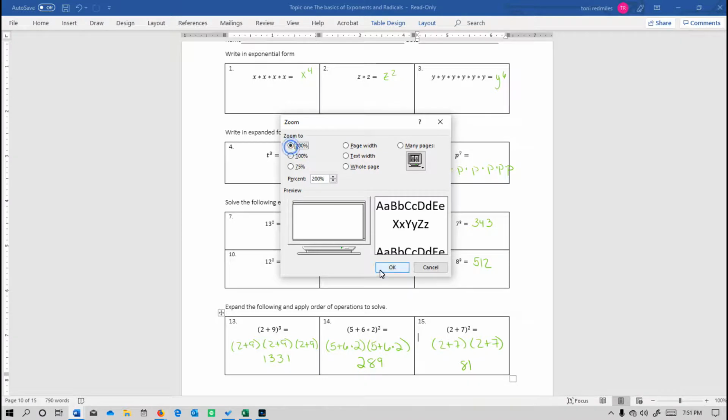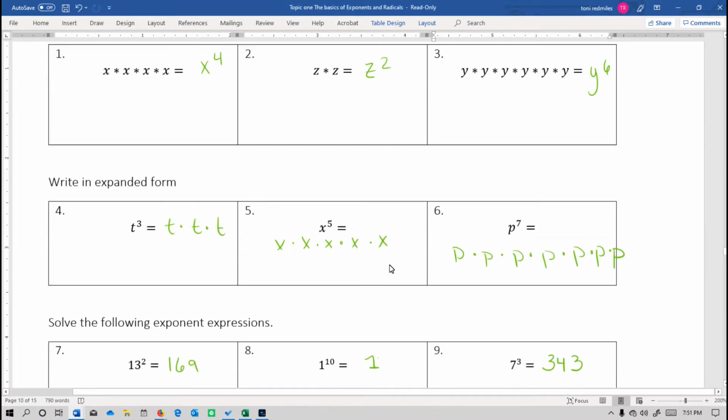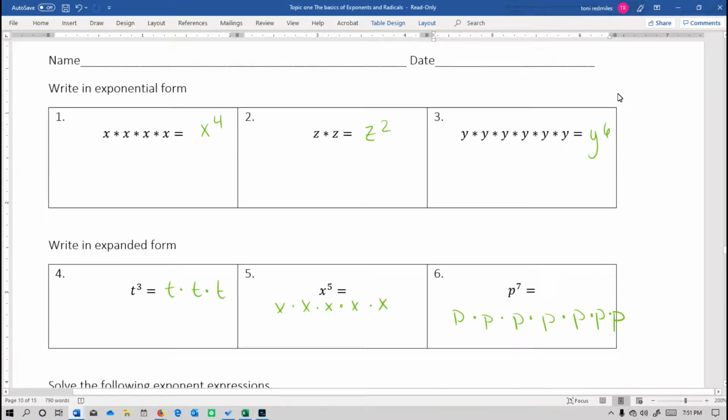Let me zoom in. We'll start with the first three questions. In these, we know the base is what is being multiplied together. In this case, it's x. The exponent is how many times it's multiplied, so that is 4, so it's x to the 4th.